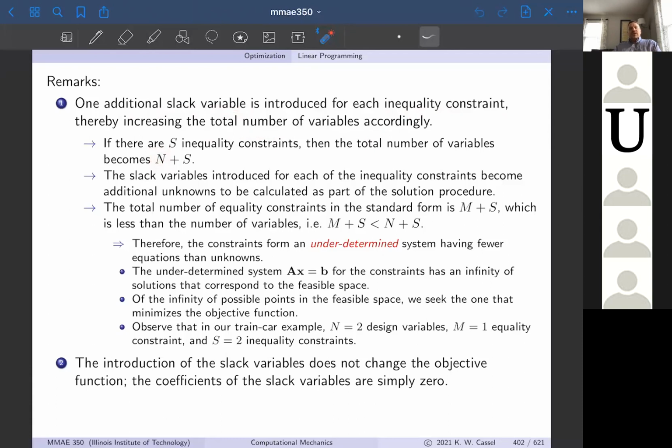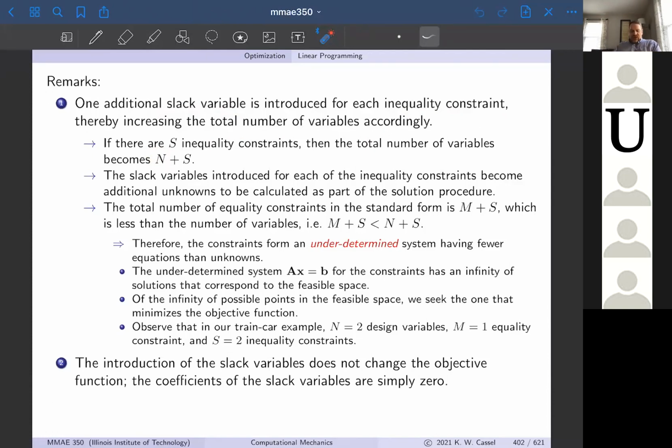M is the number of equality constraints. S is the number of inequality constraints. So S, capital S, is the same as the number of slack variables, little s's, that we're going to need.